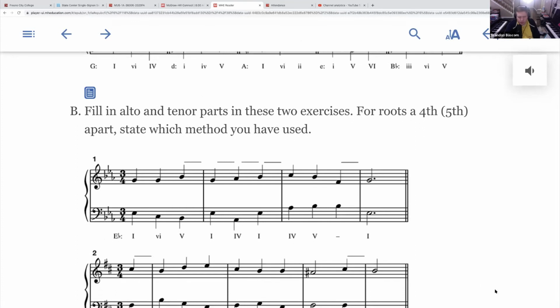Okay, we're in E flat major. E flat, G, B flat. Moving to the 6th chord, which is C, E flat, G. Moving to the 5 chord, which is B flat, D, F. Going back to E flat, G, B flat.